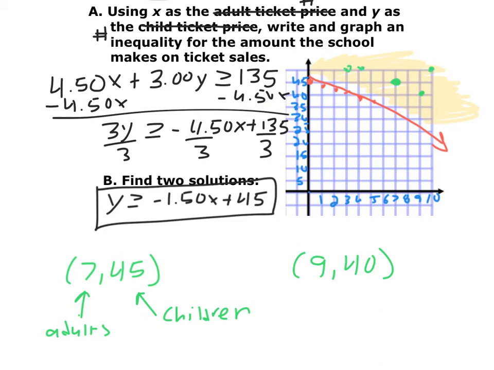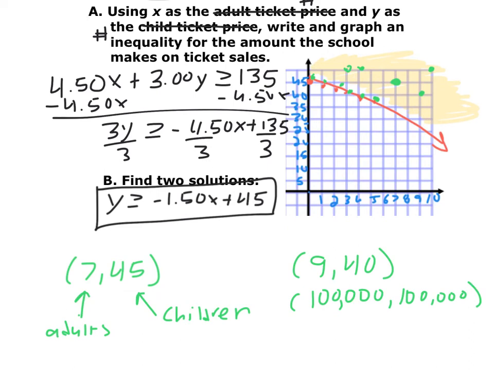In fact, because the line is solid, every single point on the line itself is also a solution. Okay? So that's the idea. Anything in that highlighted region is a solution, including the point (100,000, 100,000). That's a solution as well, right?